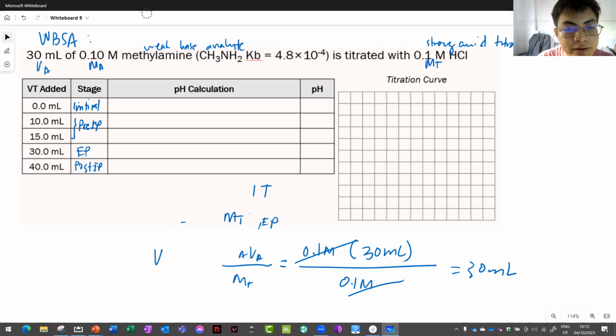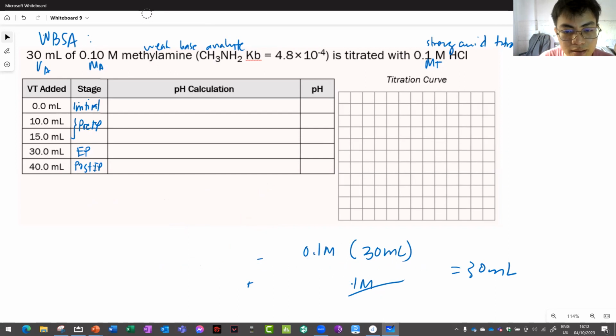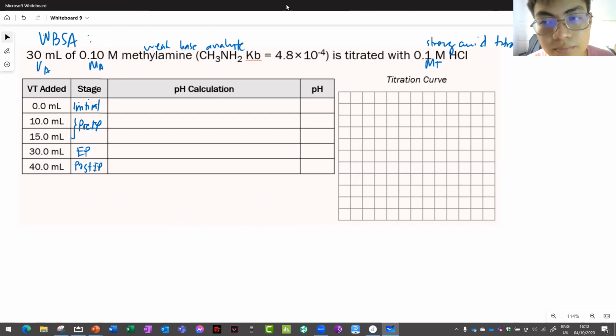Now I will try to recall the equations. Maybe you can have a cheat sheet, but I will recall it. So initial, you begin with the base, so you get an OH. It is like the square root of, but since this is a base, it is CBKB.